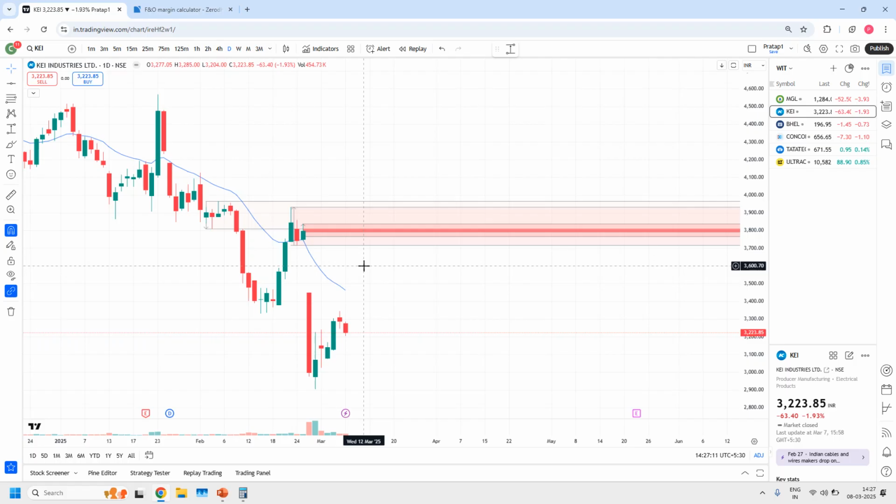How do we know if the analysis is no more valid? That point only I am explaining. Just now I explained. If a new rally-based drop is created in the next trading session, this analysis is gone. Whatever the analysis we did here, it is no more useful. It is completely expired.